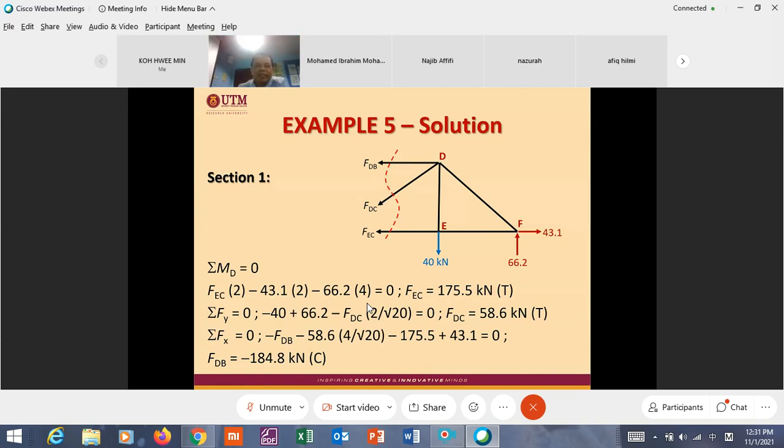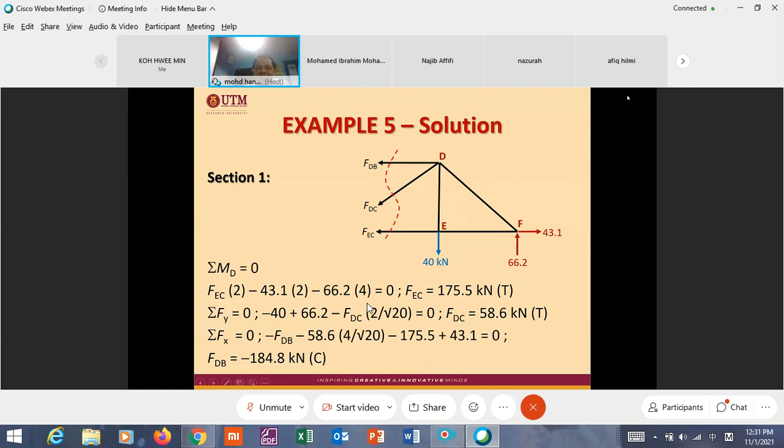Similar to the reactions, you can choose any point. You can choose E, D, F, or here. Whichever point you choose, you can solve the equation. But of course, you must know how to choose the easiest way.